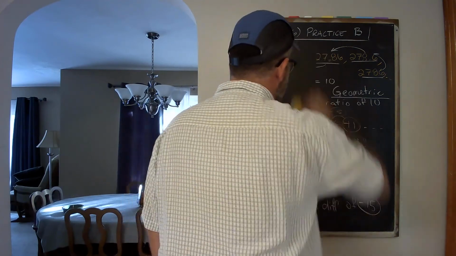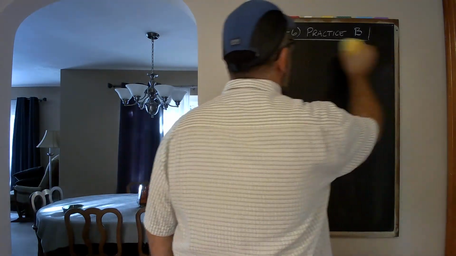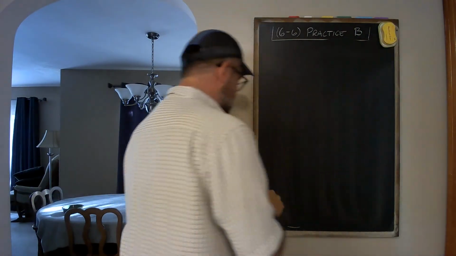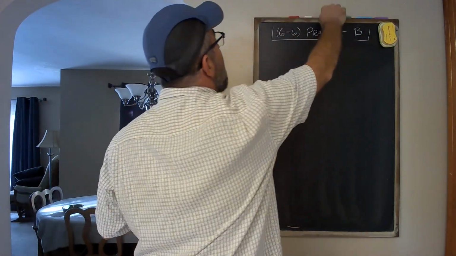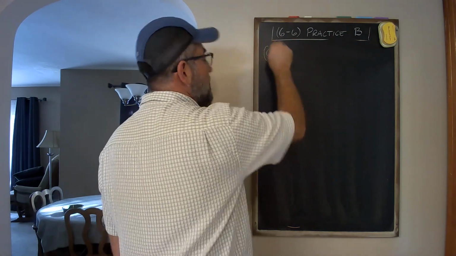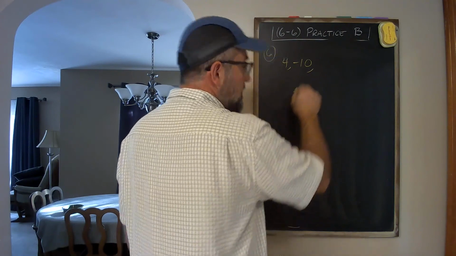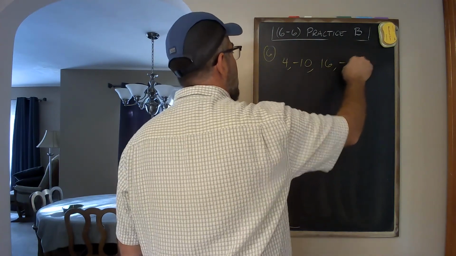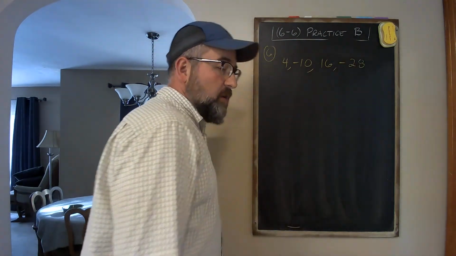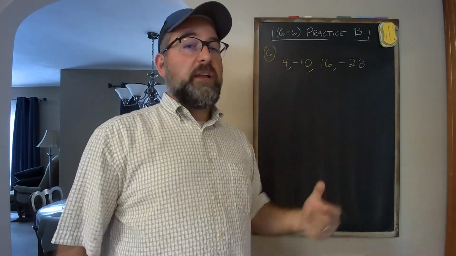Let's take a look at numbers 6 and 7 real quick. So number 6 is 4, negative 10, 16, negative 28. So I see it flipping between positive and negative, positive, negative.